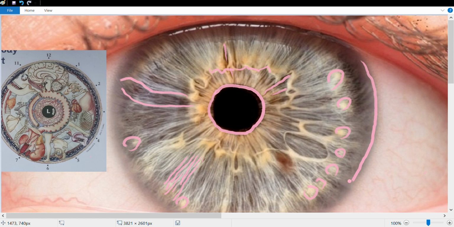Okay, now we also have, this is a classic lacuna right here. Here's another one. A lacuna is a closed off, I mean, you can have open-ended lacuna or closed lacuna, but this is a classic closed lacuna.